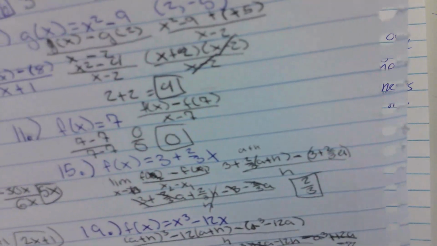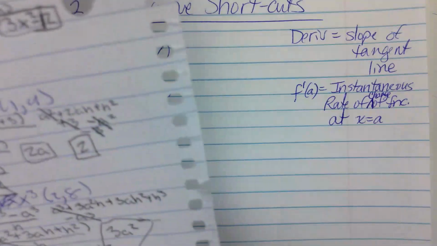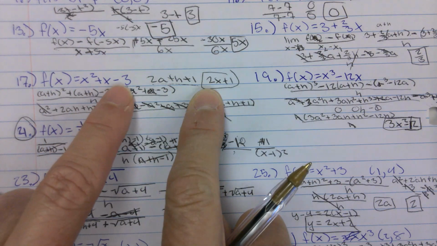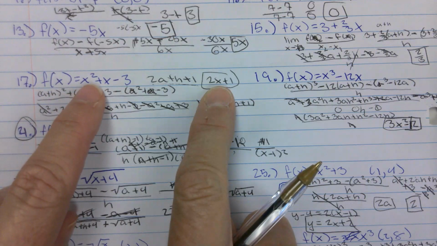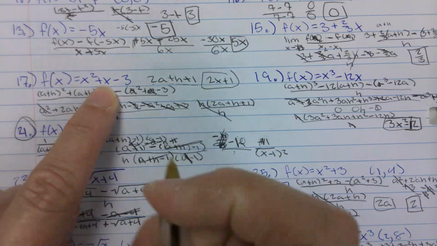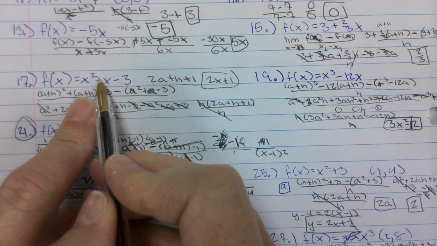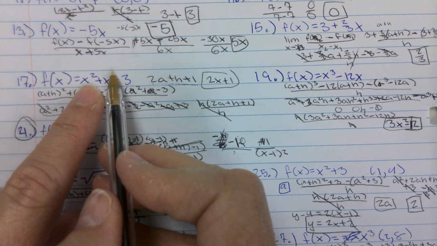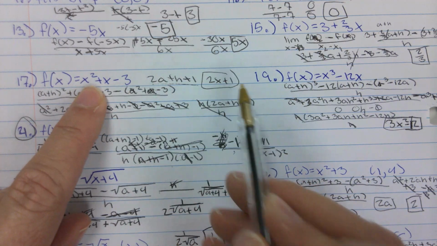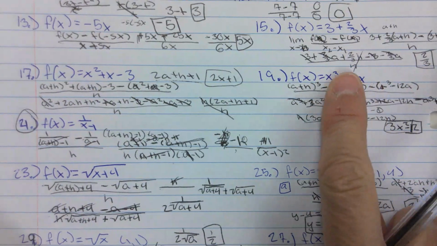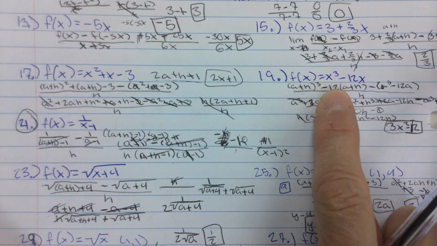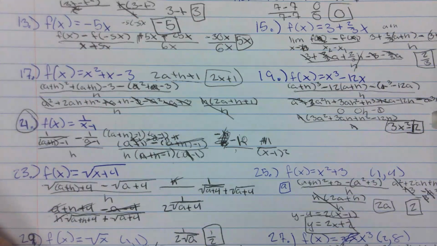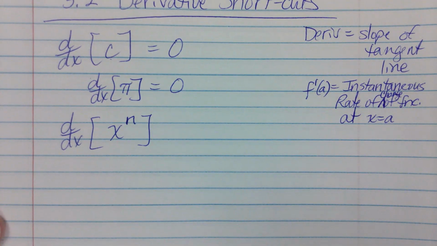Did we do any more examples? That was your homework. But here's one. x squared plus x minus 3. 2x plus what? 1. Is that the same power rule? Power comes down as 1. Lower the power by 1, what do we get? x to the 0, so it goes away. On this one, what do we get? 3x squared minus, I think we've just come up with our rule, haven't we?